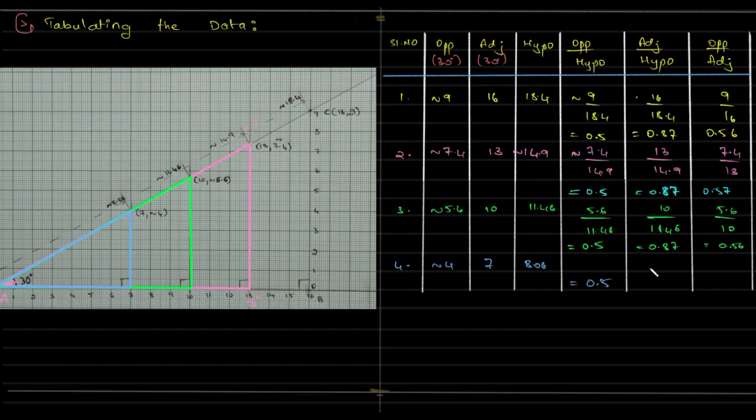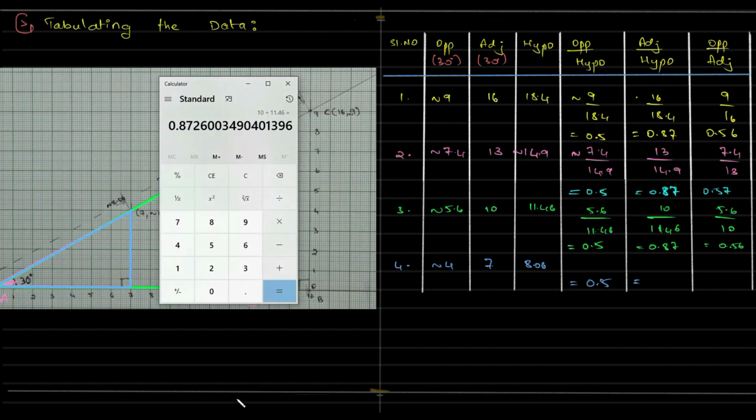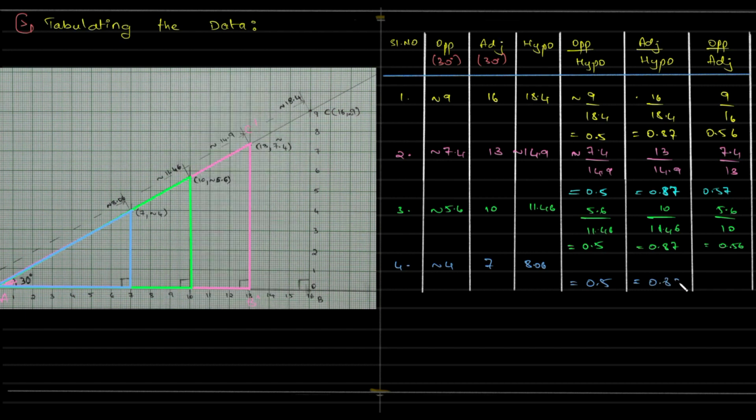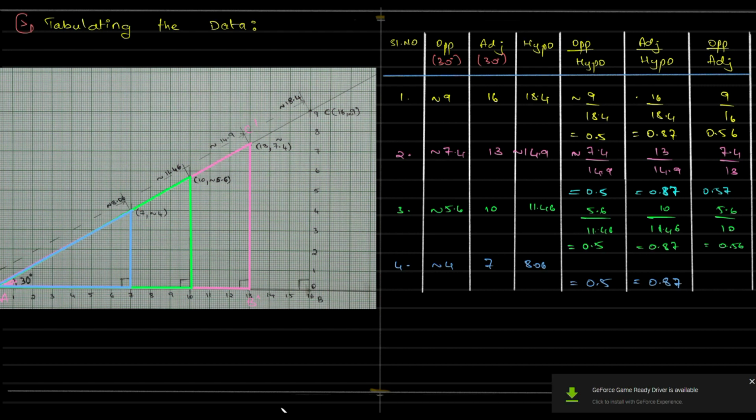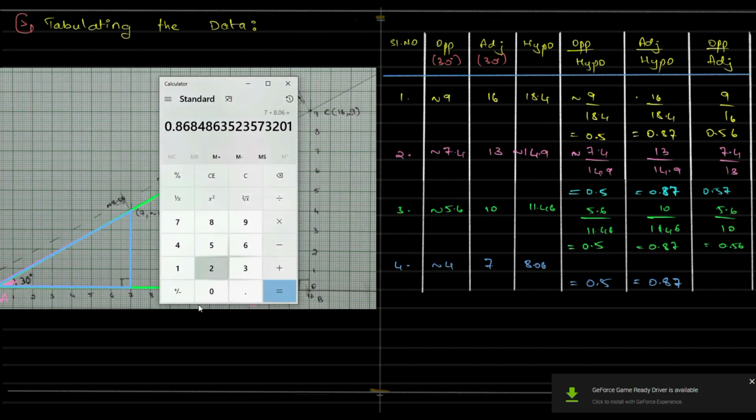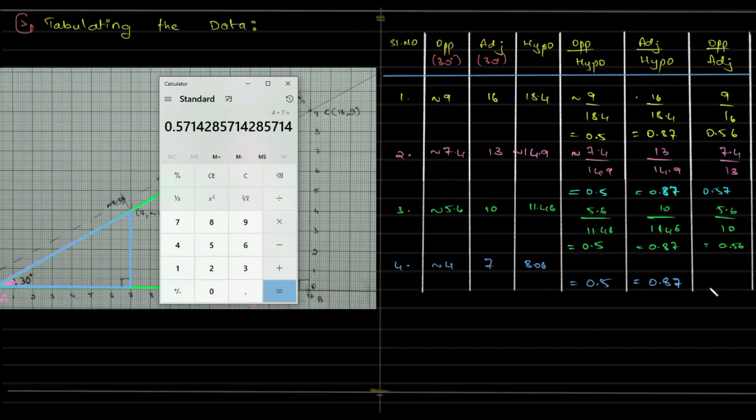Again, approximate. 7 divided by 8.06 is 0.87. And last, opposite 4 divided by adjacent 7 is 0.57.